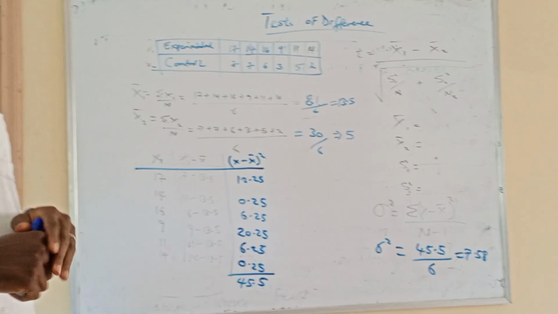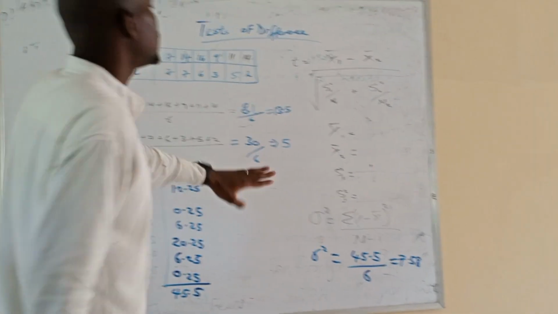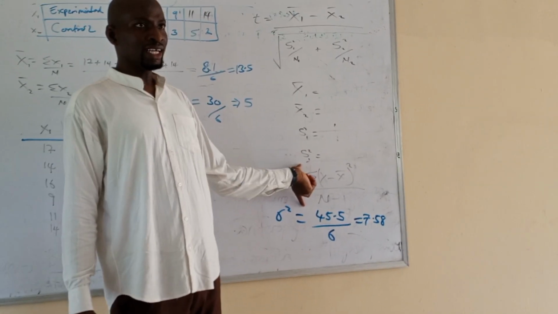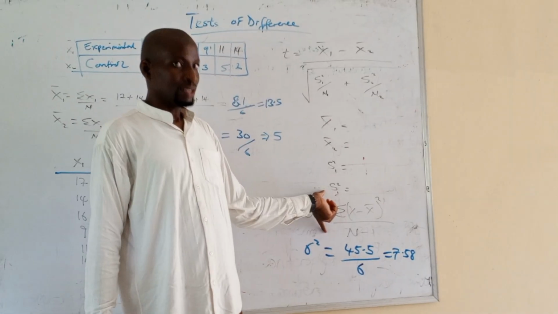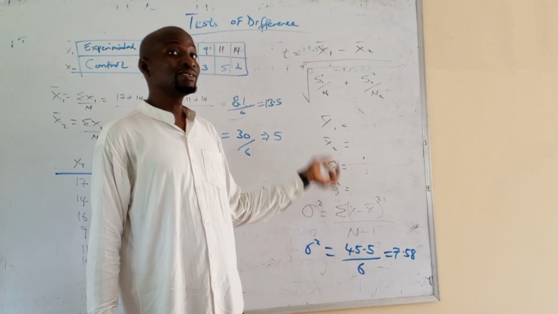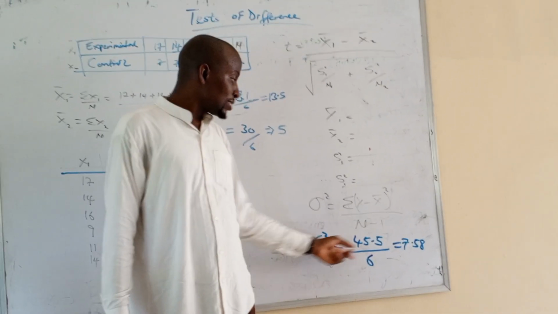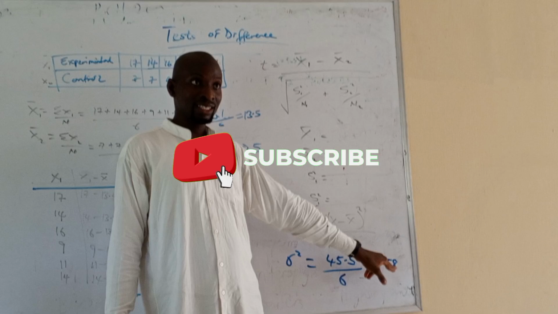However, without wasting much time, somebody should help me confirm if this is the formula for your standard deviation or variance, which is correct. Because standard deviation is the square root of your variance. So that implies that we have only gotten 7.58.